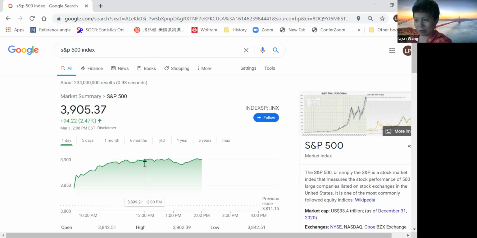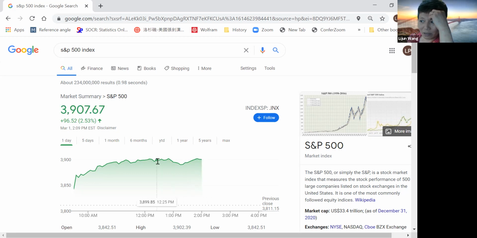At each moment, there's a unique index. Right now it's 2:09 Eastern Standard Time. So we don't know what's going to happen at 3 because we only live up to this moment. In the stock market, we never know what's going to happen next.